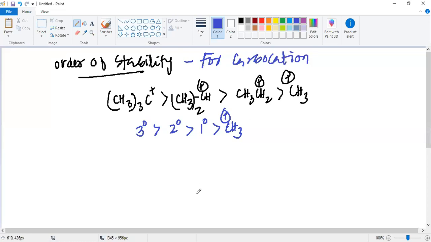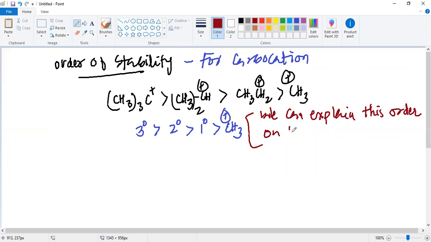Now we can explain this stability order by a particular phenomenon which is known as hyperconjugation. So we can explain this order on the basis of hyperconjugation.